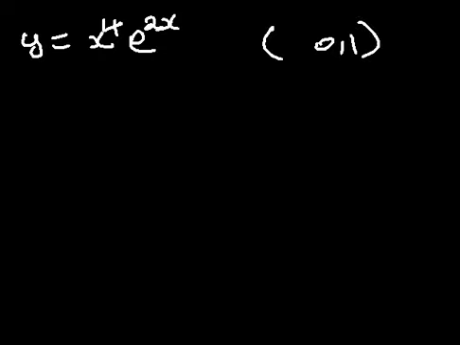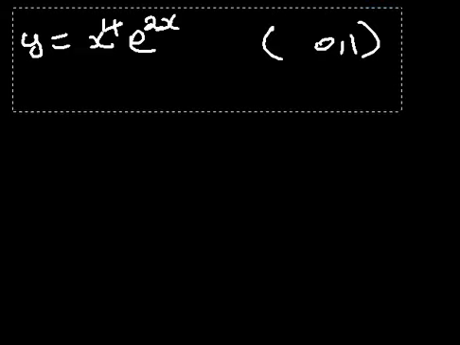So what is that one? First thing, you have to differentiate the function. We're going to use the product rule here. And then you do what we've been discussing. So try to have an equation there.